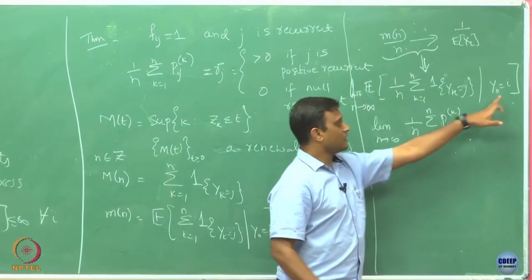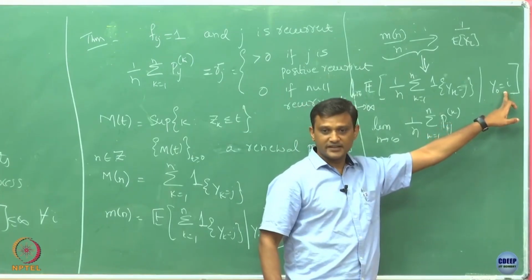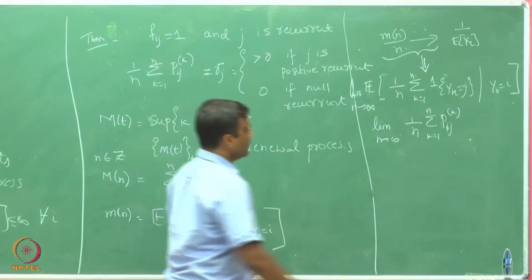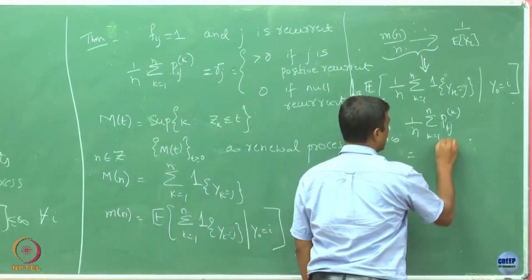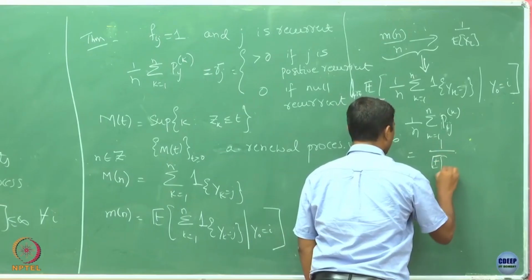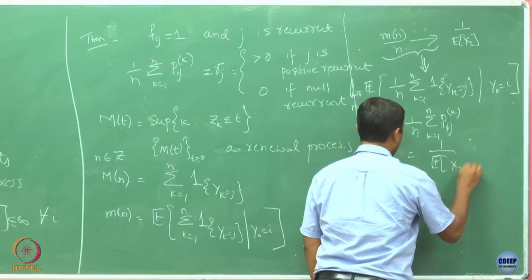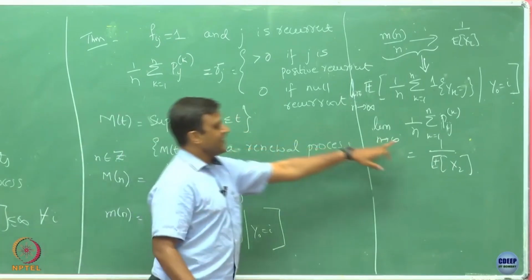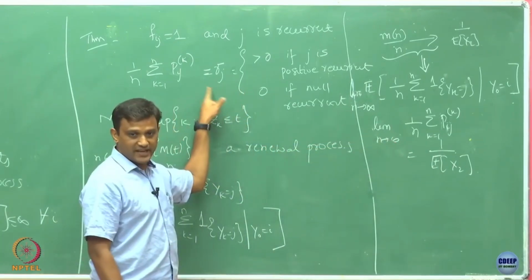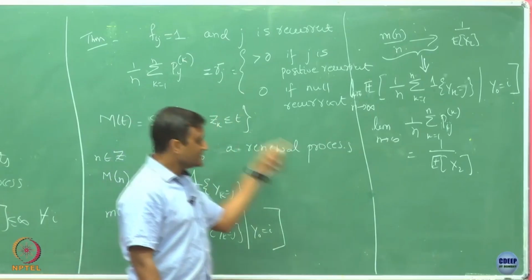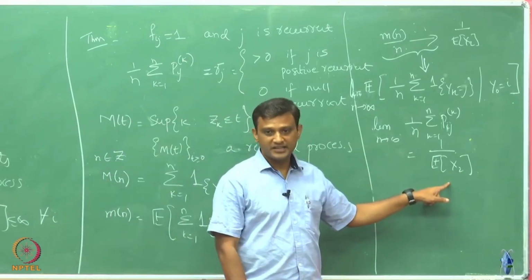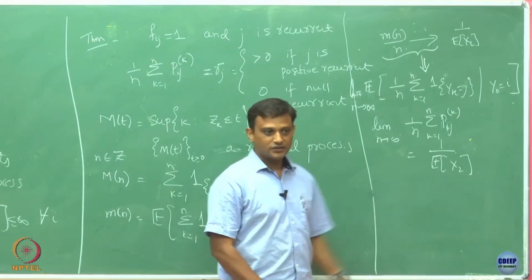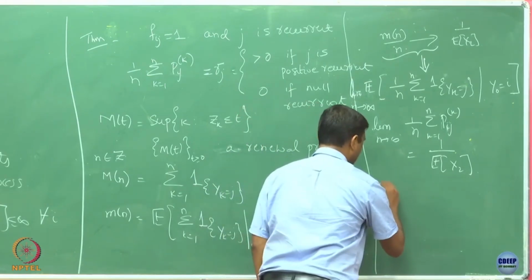Why is this i? Because I am conditioned on starting from y_0 equals i. Now we know that this limit is equal to 1 upon expectation of x2. So we are now saying that this gamma_j we had earlier is nothing but 1 upon the expectation of x2. Okay, so now let us look at what this expectation of x2 is.